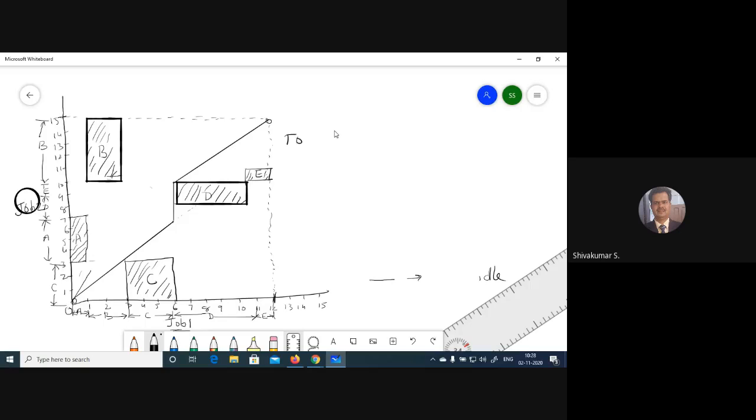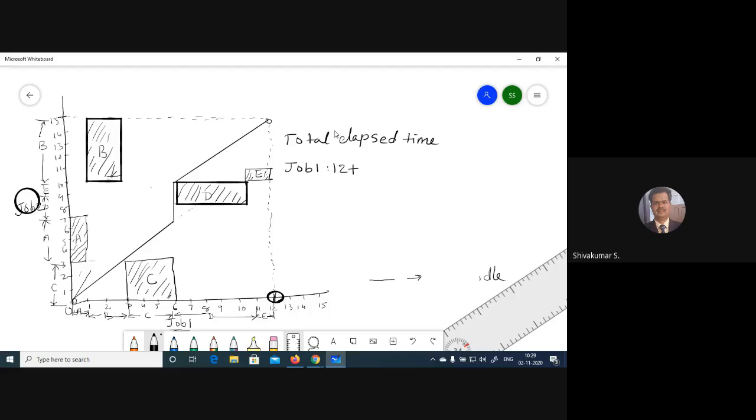For Job 1, you have a total of 12 hours. Check whether Job 1 is idle at any time.